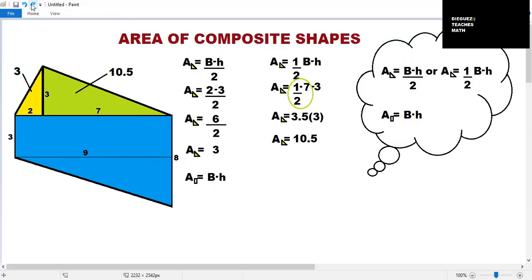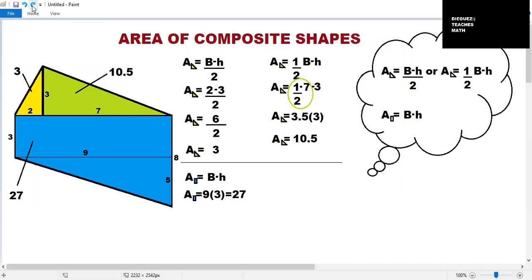So the area of that rectangle, the blue rectangle, is going to be base times height. The base is 9 and the height is 3, and 9 times 3 gives me 27. And so this shape here represents the area of 27.